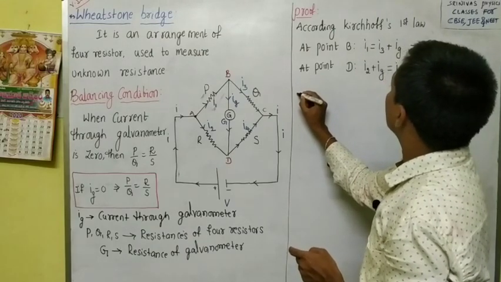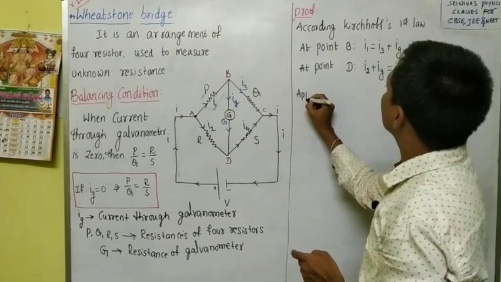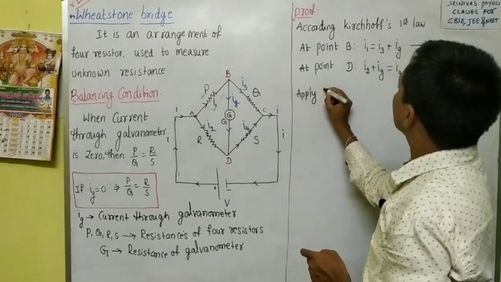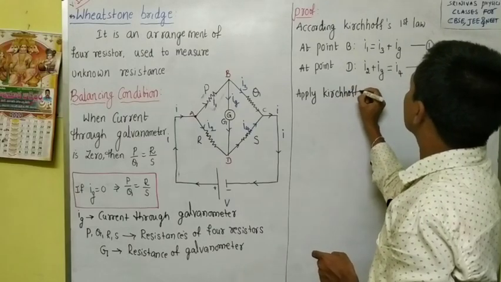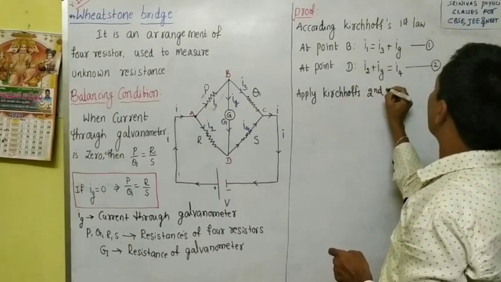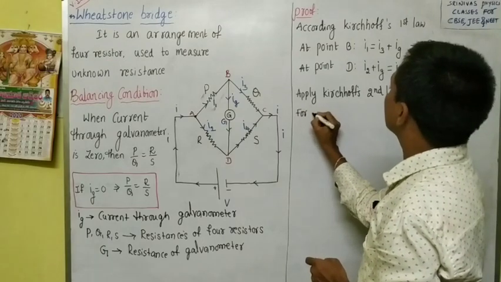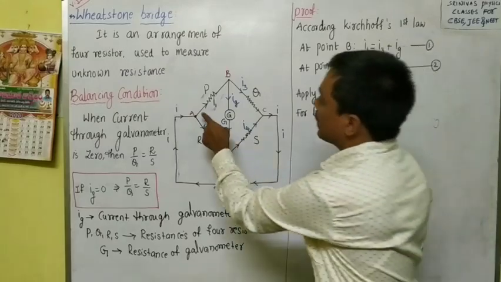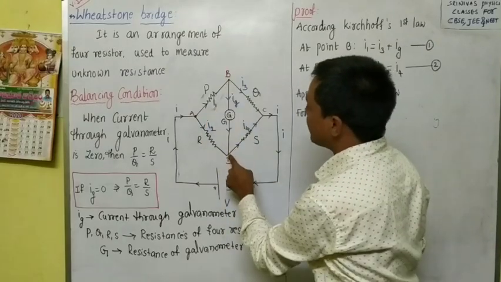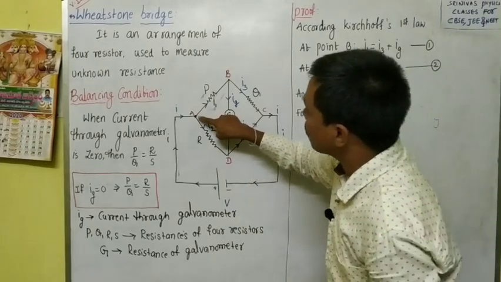Next, Kirchhoff's second law also we will apply, right? That is the loop law or voltage law. First, for the loop, I will select A, B, D, A. I am selecting a loop, and loop means a closed path.